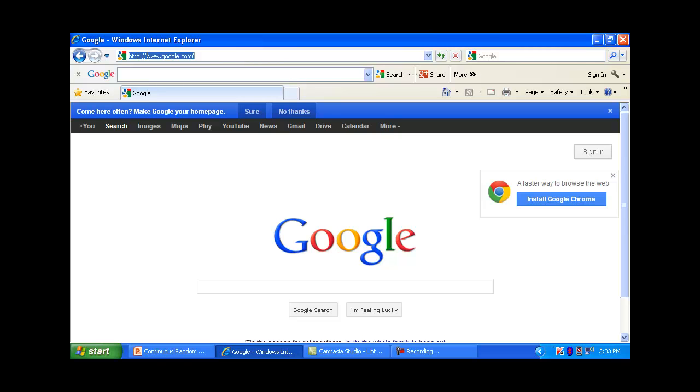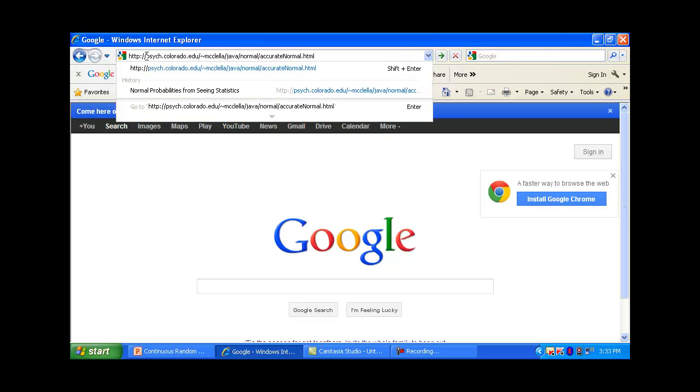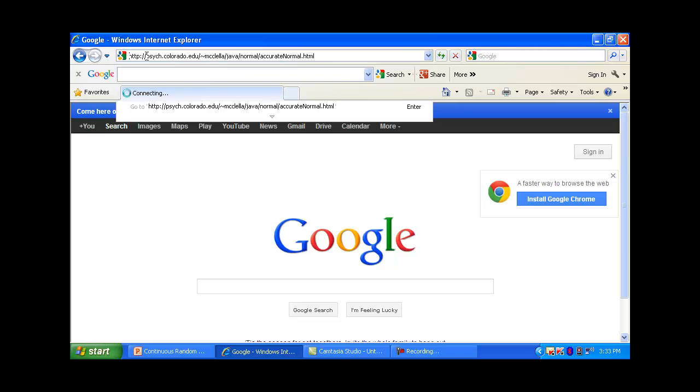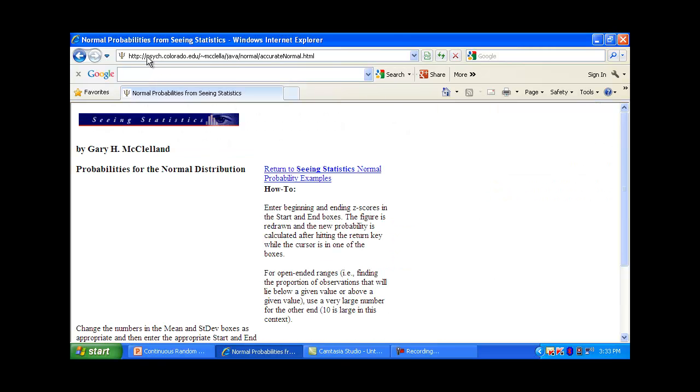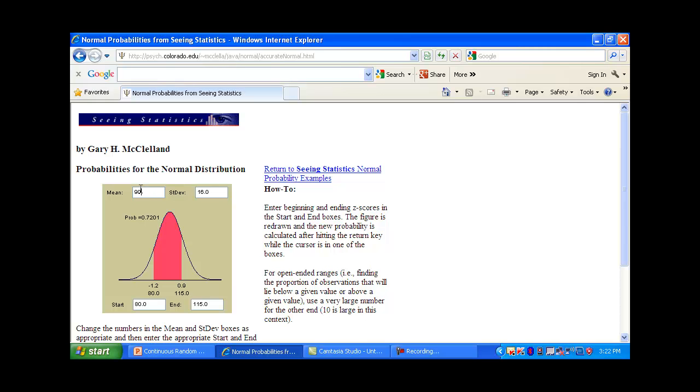Now let's go to the Seeing Statistics website. On this website, let's enter our mean and our standard deviation. We should also enter the starting value and the ending value for the interval we are interested in.